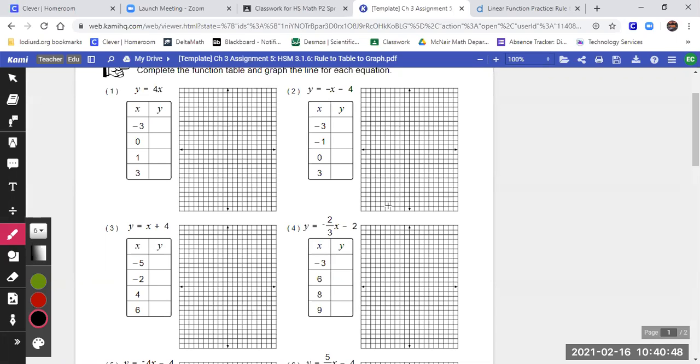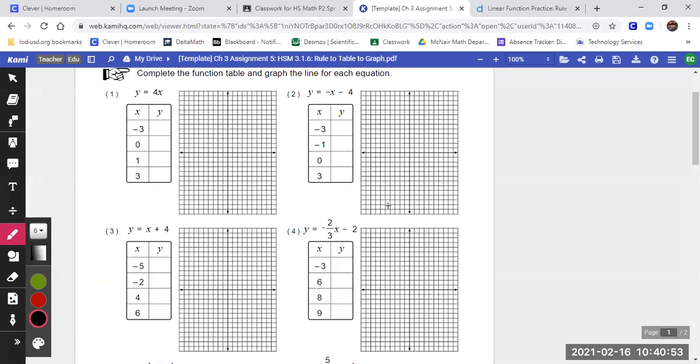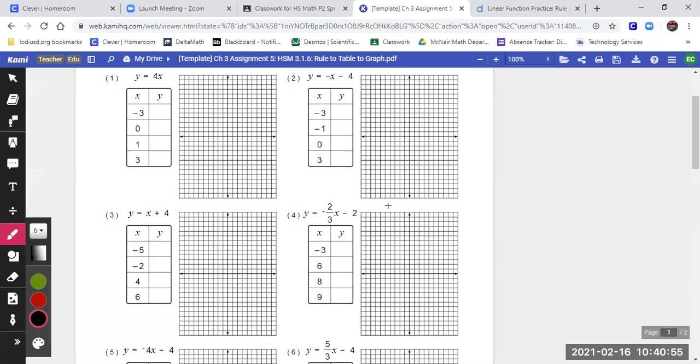Out of those 6 rules that I see on the screen, there are 6 rules on the screen. How many are proportional? Look at the rules. We talked over and over about what a rule looks like when it's proportional.